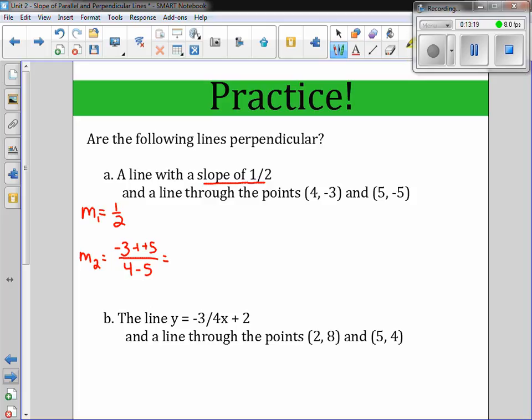Double negative makes this positive 2, and the bottom is -1. And since they are opposites and reciprocals, we can say that line 1 is perpendicular to line 2.